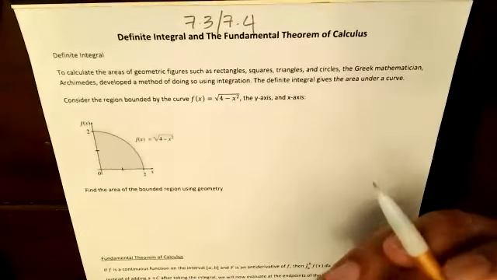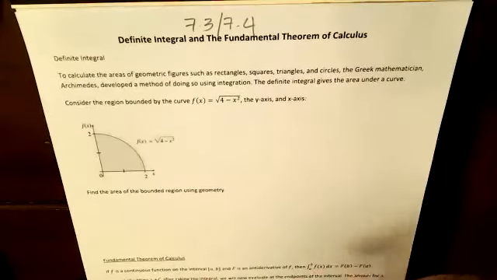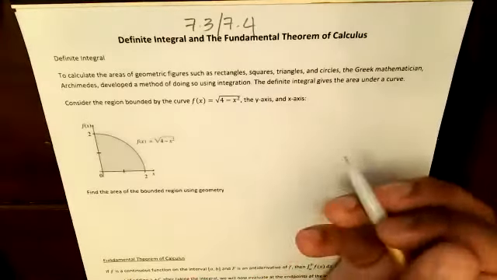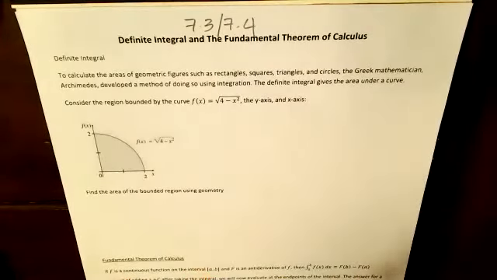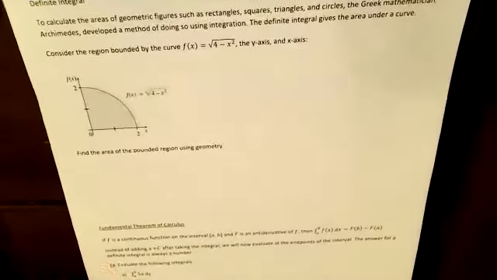But if we have a function that has a weird shape, one way of figuring out what the area is going to be is we can actually use antiderivatives to calculate the area, okay? So I will show you how to do that today in this lesson.